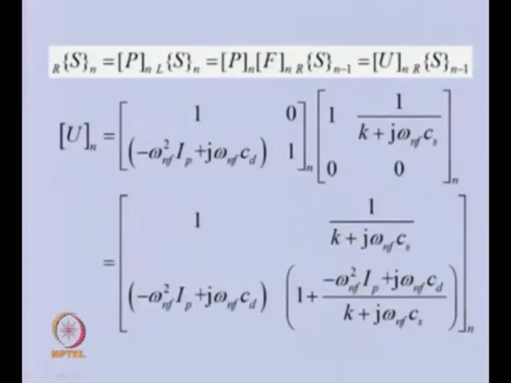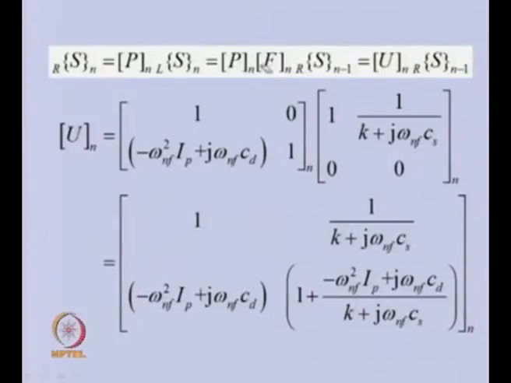So, once we have obtained the field matrix and the point matrix, we can get the transfer matrix. This is the point matrix relation, and if we substitute the previous expression which includes the field matrix, we can relate the state vector right of the nth disk and the state vector right of the n minus 1 disk.